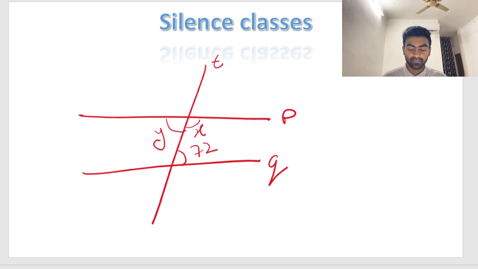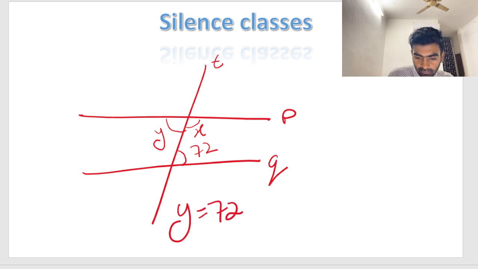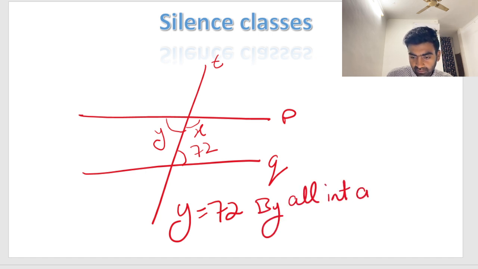Now there are different approaches we can use to solve this question. First of all, y is equal to 72 degree by alternate interior angles. It is very clear.